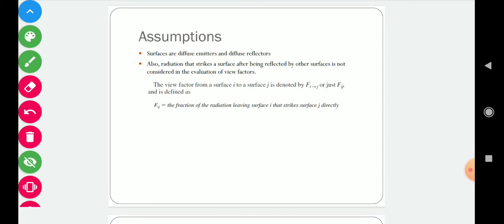So our first assumption is that the surface is a perfect diffuser. It means it radiates energy in all directions uniformly.